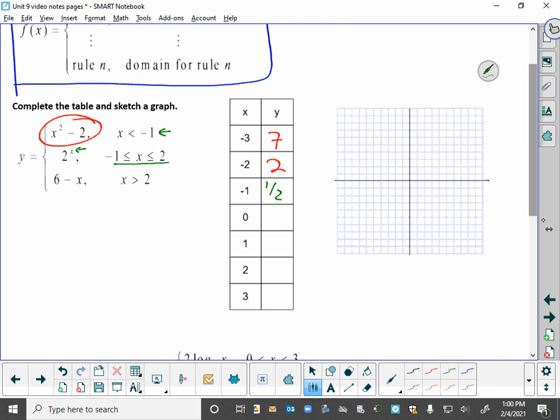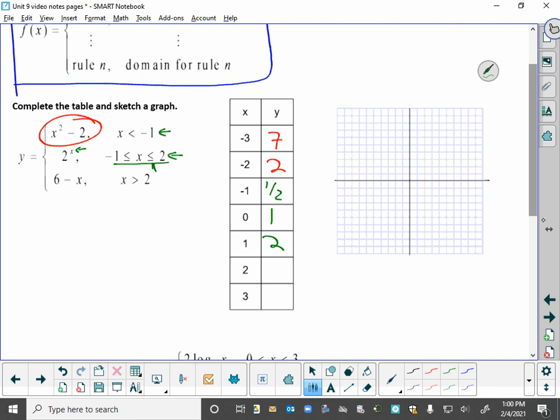Okay. 0 is also between -1 and 2. So it goes in here. 2 to the 0 is 1. 1 is between -1 and 2. 2 to the first power is 2. The equal to part is on this one as well. So 2 is between -1 and 2, including 2, which is what the domain was in this piece.